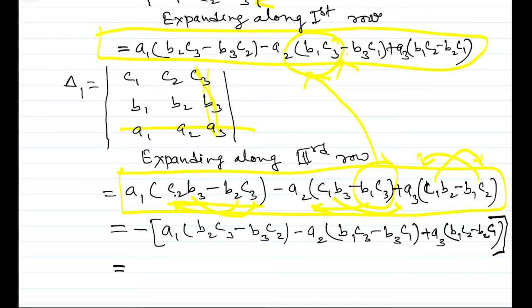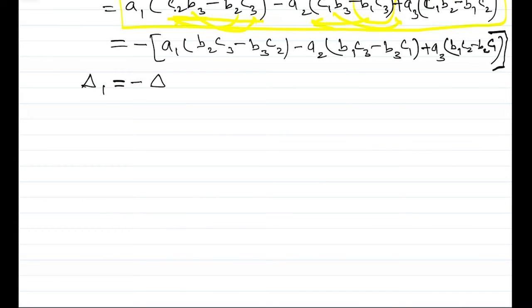Now inside this square bracket everything is the same, so it means that delta 1 is equal to negative times delta. So we conclude that if you interchange any two rows or columns of a determinant, the sign of the determinant changes. If it is already negative, then it will become positive. If you interchange two rows or two columns one more time, then again it will become positive.